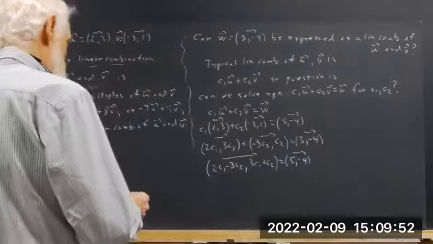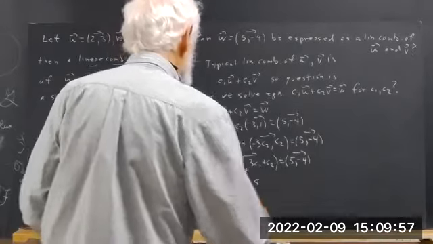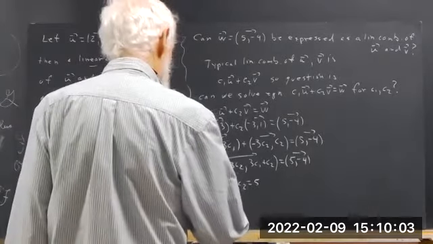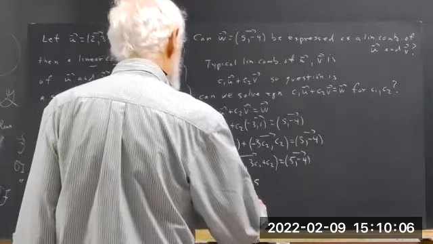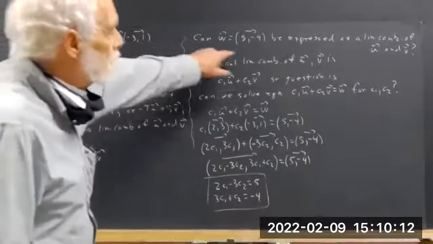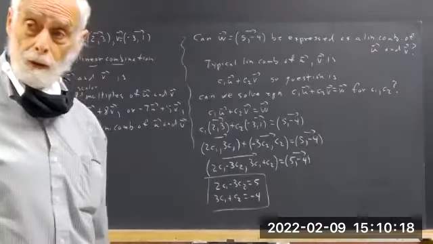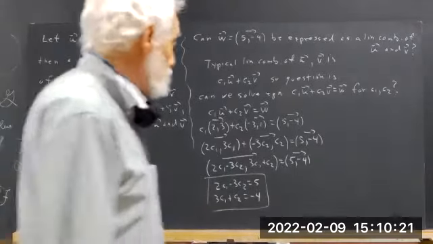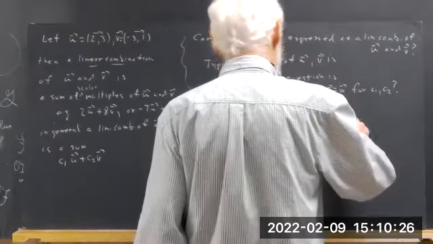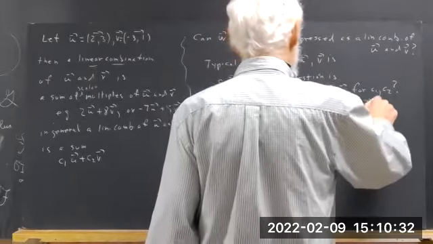So we have 2C1 minus 3C2 equals 5, and 3C1 plus C2 equals negative 4. So our question of can we express this as a linear combination of these becomes a system of two simultaneous equations. How do we solve this system? Well, my preferred method is to write the system as a matrix equation.